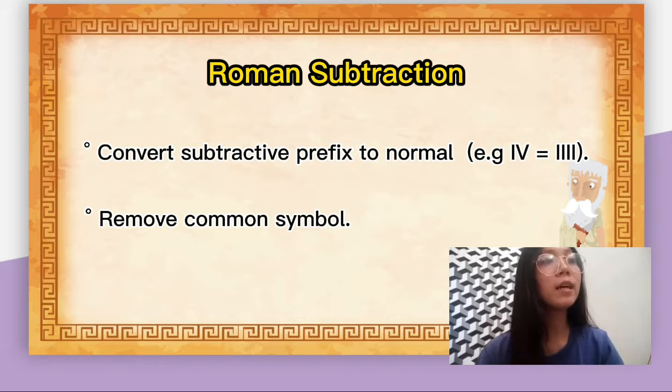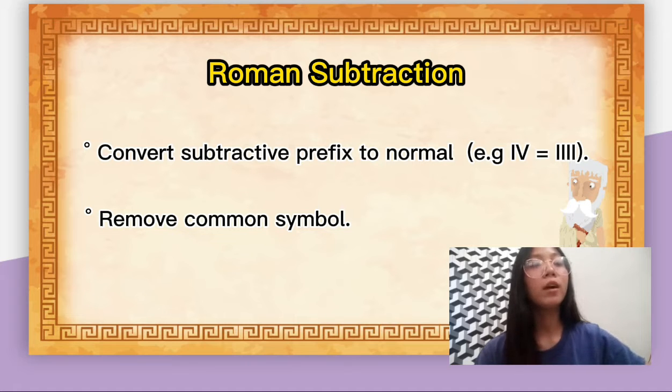So the same as the Roman addition, but in Roman addition you are going to add, and here in Roman subtraction, from the word subtraction, you are going to subtract. So that is the Roman subtraction.